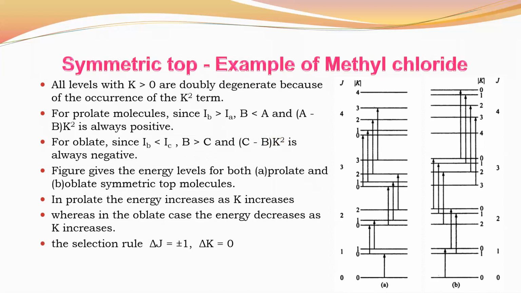And the selection rule corresponding to symmetric top transition is delta J plus or minus 1 and delta K equal to 0.